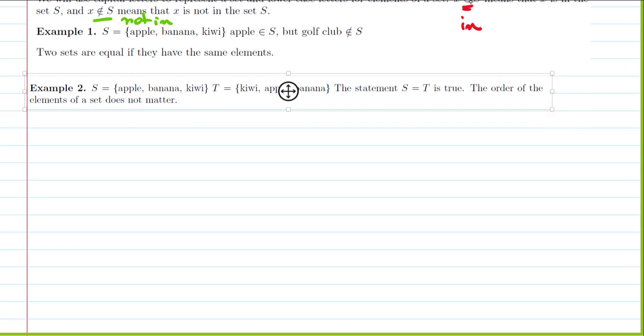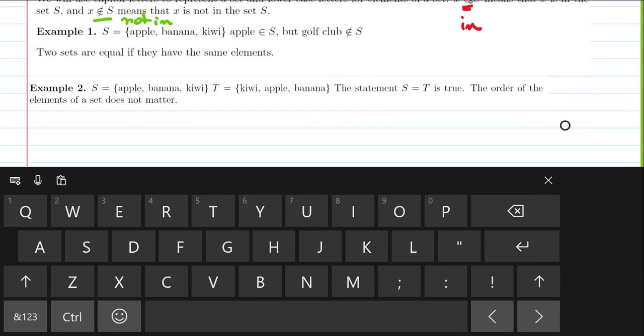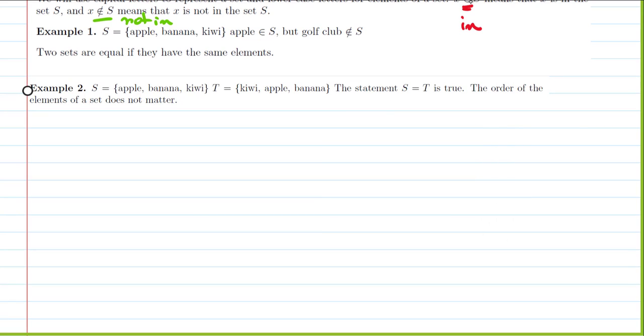In example 2, the set S and the set T are equal. Set S was apple, banana, kiwi. Set T is kiwi, apple, banana. The reason that this is true is sets are unordered. Any ordering of the elements is possible and doesn't change the value of the set.